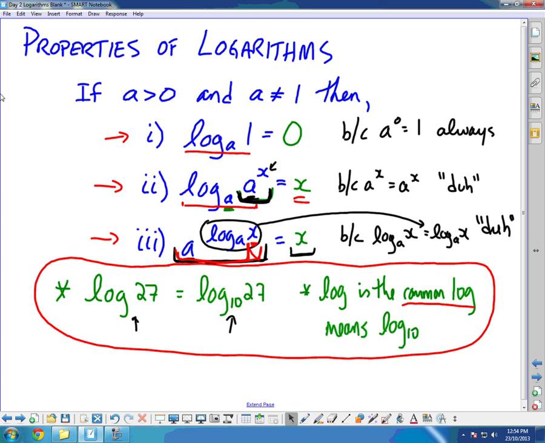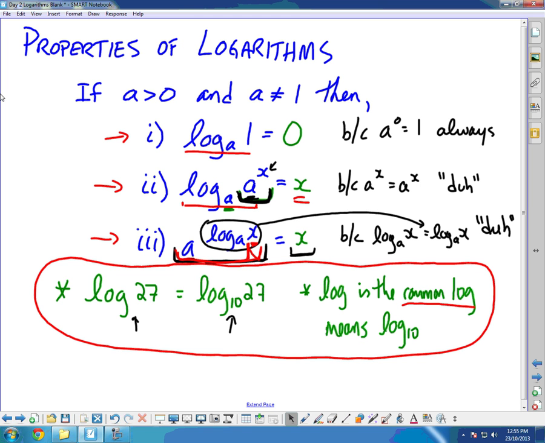Just like when we write the square root symbol, we don't write the little 2. Technically there should be a little 2 there, but because the square root is so common, we don't even write it. Same with this. The common log is the most frequently used base, and so we've gotten in the habit of not writing it. If you just write log, it's understood to be log base 10.